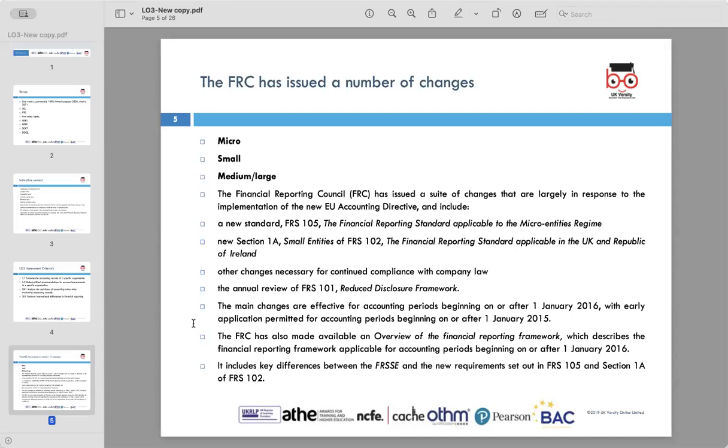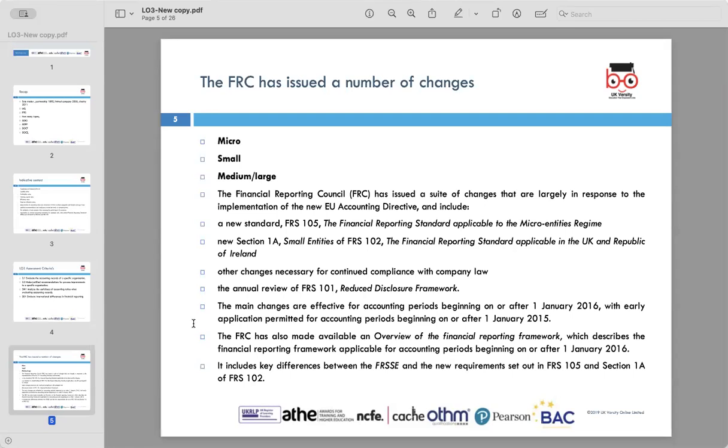FRS 105, the new standard, applies to the micro-entities regime. It is designed specifically for the smallest companies, providing a simplified reporting framework. Section 1A of FRS 102 is tailored for small entities, offering a streamlined set of accounting requirements compared to the full FRS 102 standard.